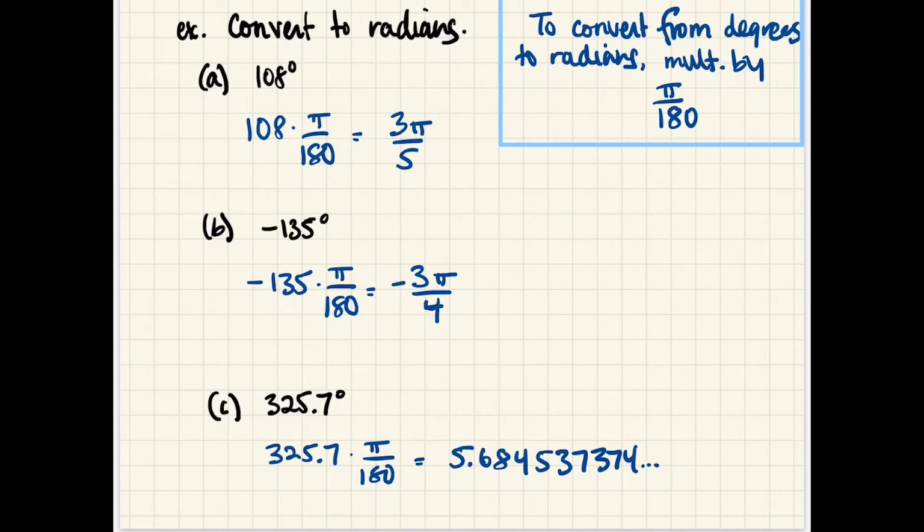Well, we should probably round to the precision given in the problem. So this is 4 significant figures. So let's round this guy to 4 significant figures, 5.685 radians. And again, writing the word radian or rad is optional, although sometimes it's helpful to make the context clear.